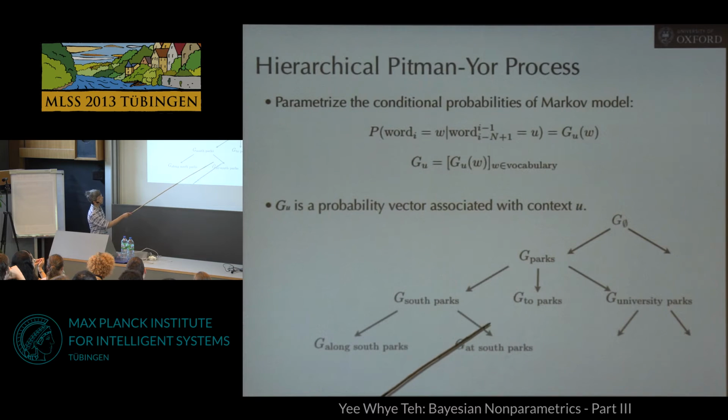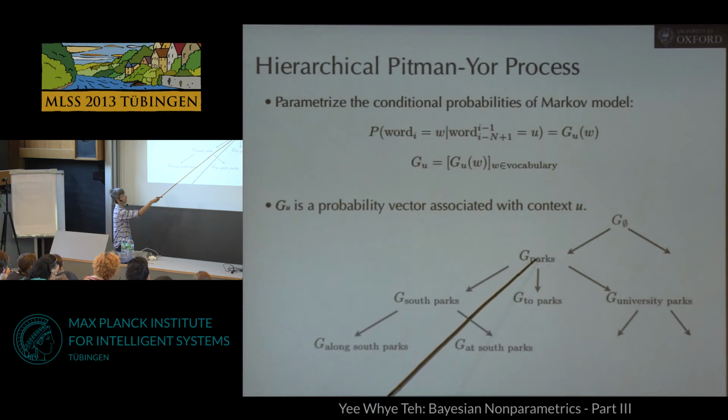The prior which we can take is a hierarchical Pitman-Yor process, where each probability vector here is given a Pitman-Yor process prior, where the base distribution or the prior mean is the probability vector that's its parent in the hierarchy. This is the model that I presented the results for yesterday, and it works pretty well. It's related to some of the standard smoothing ideas called Kneser-Ney smoothing.